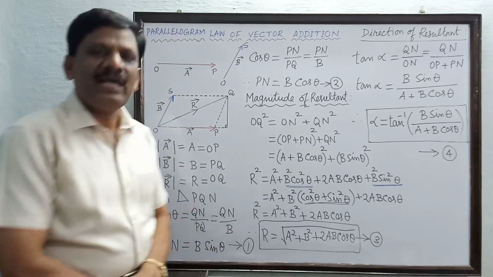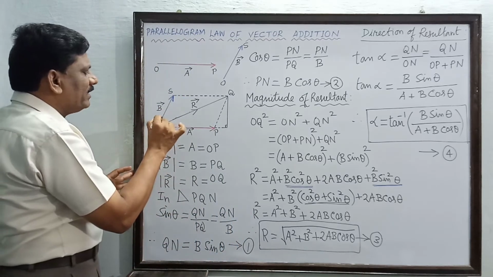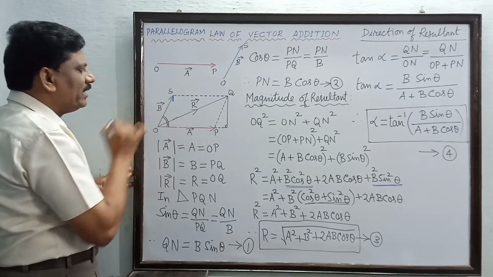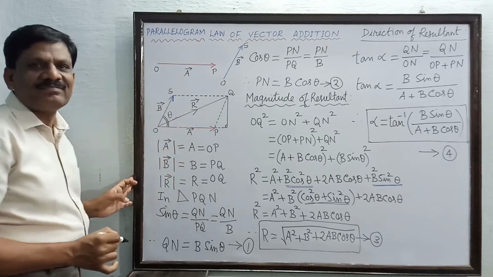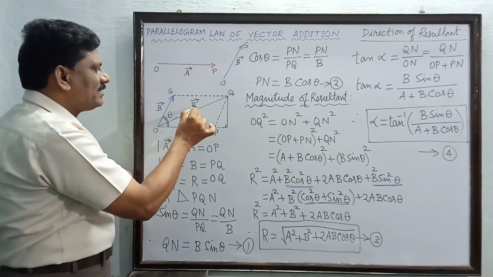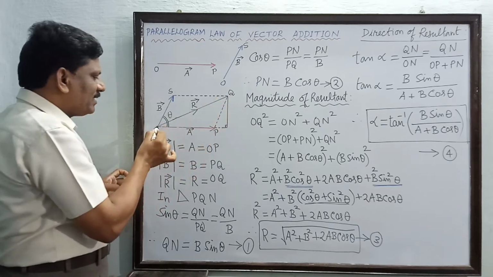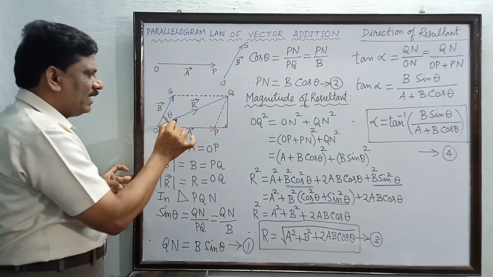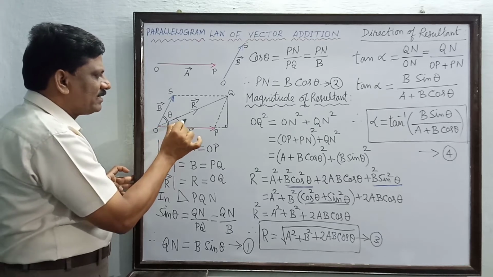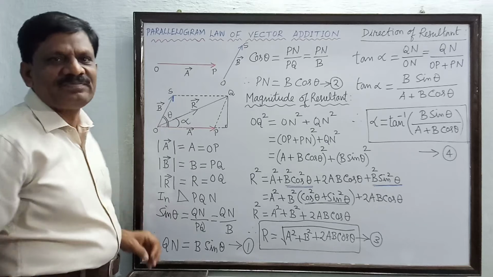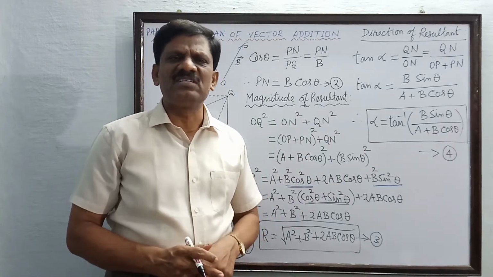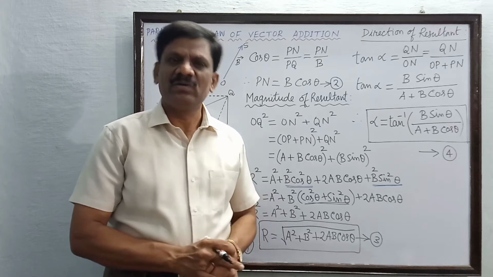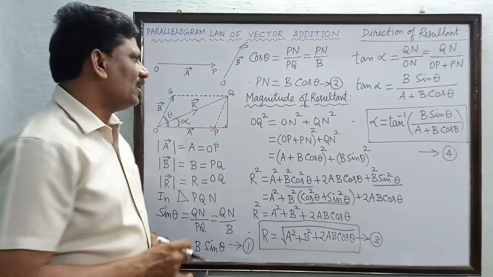So that the angle between these two vectors A and B is theta, and R is the diagonal which is passing through the common point O, and this resultant vector is making an angle alpha. Same symbols we are using as we have used just now in the triangle law of vector addition. Only the statement is different.